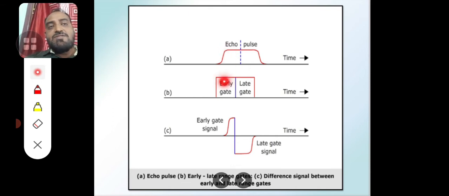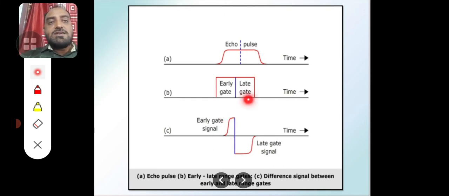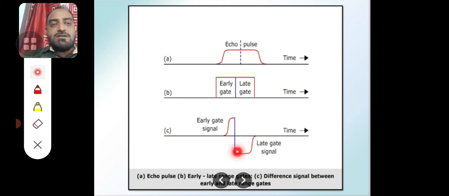Now, the difference of the echo pulse and the gates is shown in figure C. This is the early gate signal and this is the late gate signal. The area under this pulse, the difference of these two, is this. The area under the late gate signal is larger. The difference of these two will give you the error signal.